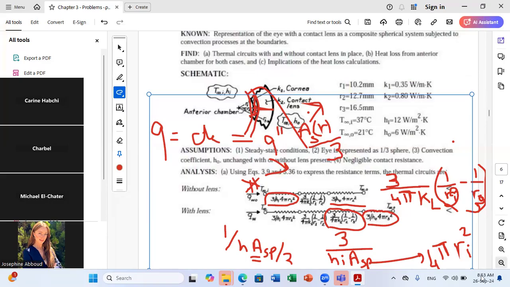Of course, the resistance to convection was reduced because of the increase in area. We know that the area is inversely proportional. It's true that this term is smaller than this one, but you added a conduction term, and the addition of the conduction term will be dominant. This will explain the variation in dissipation rate.